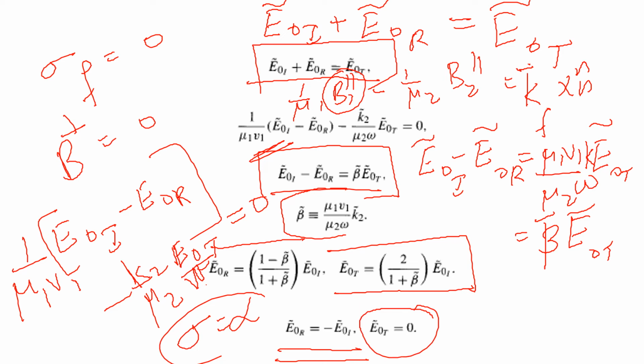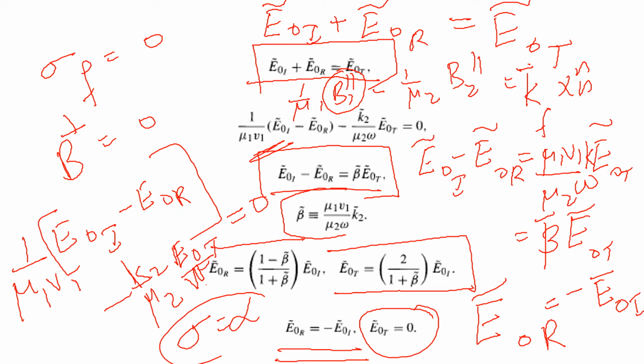So in the case of a perfect conducting material, the reflection is given by E0R equal to negative E0I. That means there is only a reflected component, or the wave incident on a perfect conductor completely reflects back.